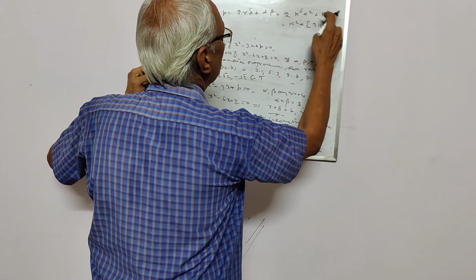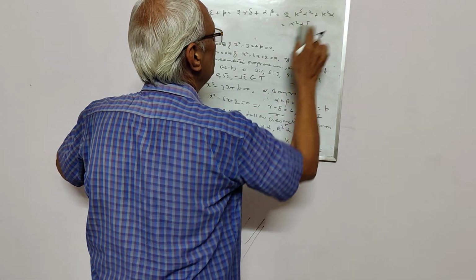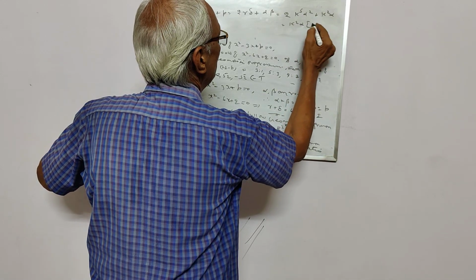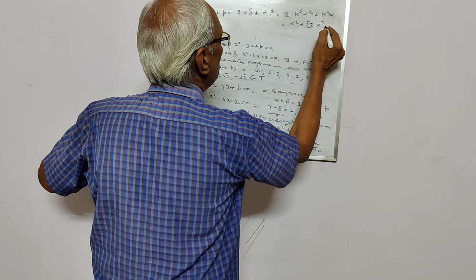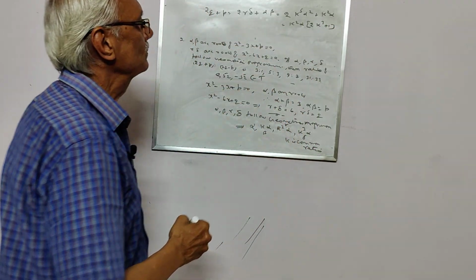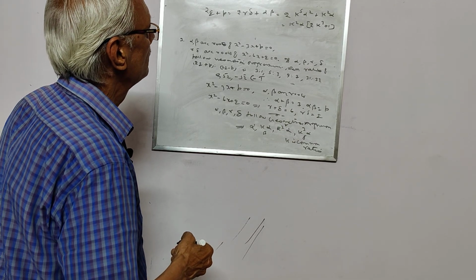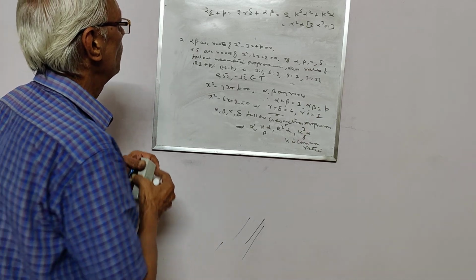We should not commit mistakes in this. K squared alpha can be taken outside, so it is 2k cubed plus 1. Then we'll see what happens.